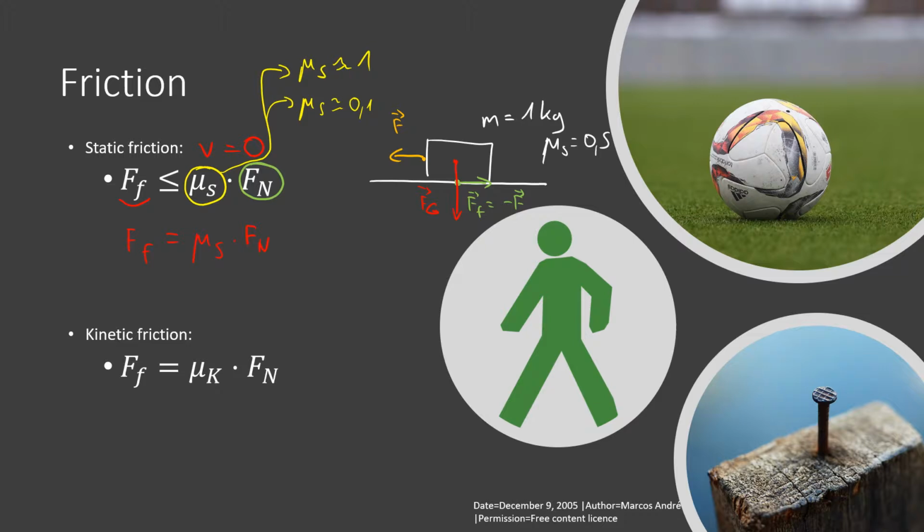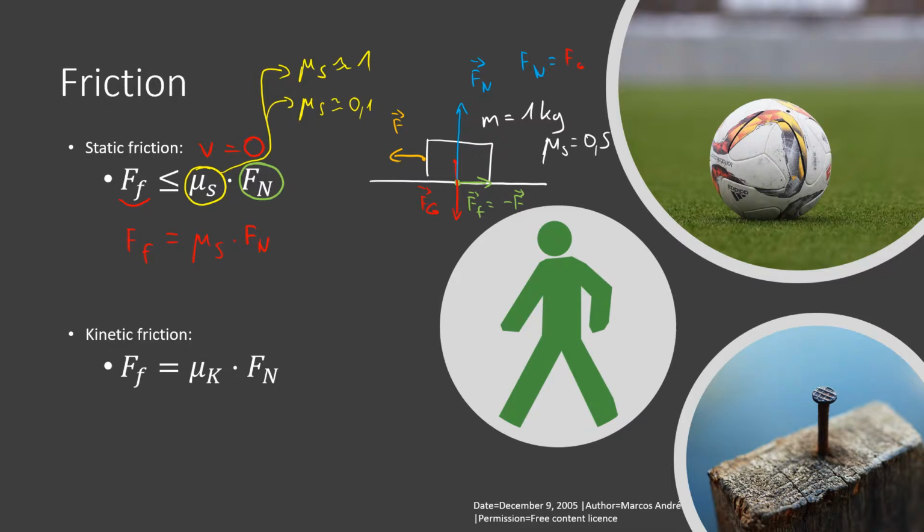So there's another force, the reaction of the ground, which counteracts the weight, and that's what we call the force acting normally to the surface. Since it's exactly counteracting the weight, in magnitude they are going to be equal.